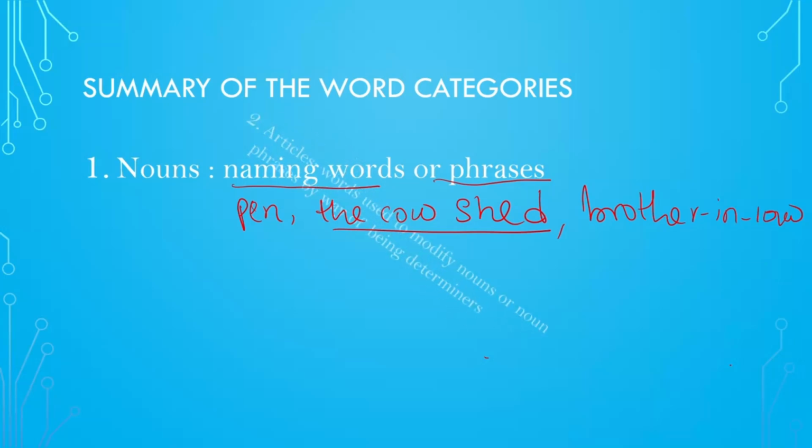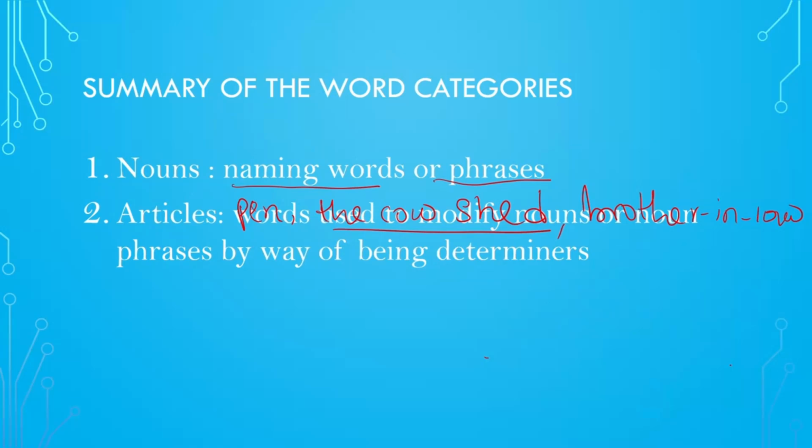Let's move on. The next category is the articles. Now, what are articles? Articles are words used to modify nouns or phrases by way of being determiners. We are talking about determiners in this context. We want to get to highlighting the main points here.